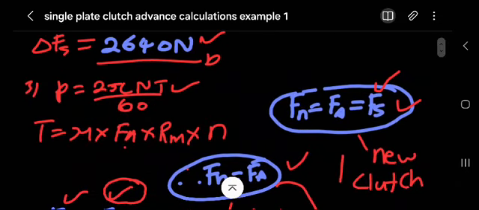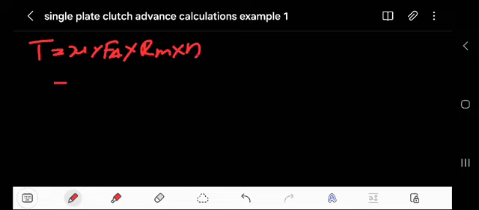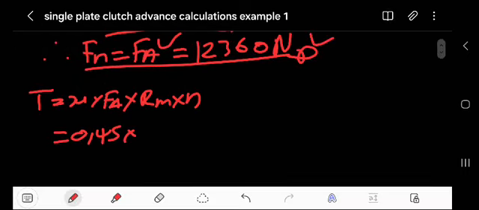So now we can use our formula of the torque: coefficient of friction multiplied by Fa. Here the coefficient of friction is 0.45, multiplied by the axial force we've calculated, which is equal to the normal force.